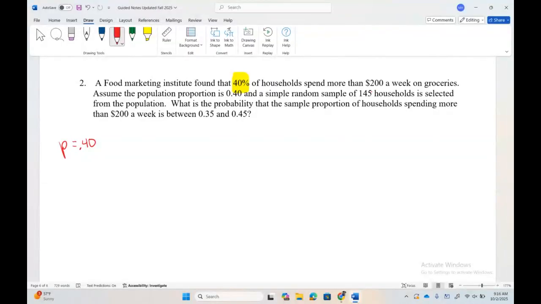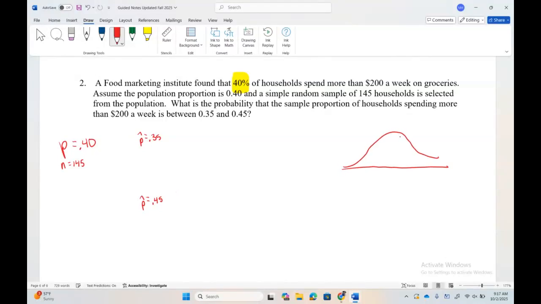Assume the population proportion is 0.40 and a simple random sample of 145 households is selected from the population. What is the probability that the sample proportion of households spending more than $200 a week is between 0.35 and 0.45?